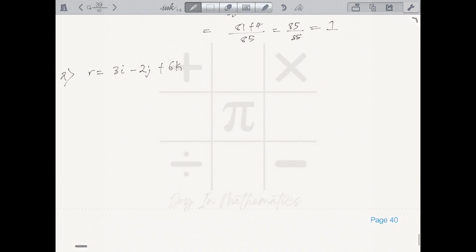Now let us evaluate the modulus of r. The modulus of r in this case will be the square root of 3 squared plus minus 2 squared plus 6 squared. So this is equal to the square root of 9 plus 4 plus 36, which means that the modulus of r is equal to root 49, which is equal to 7.